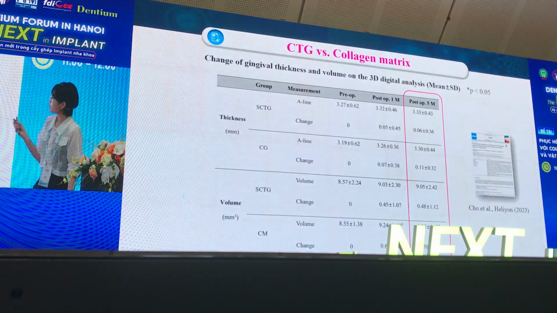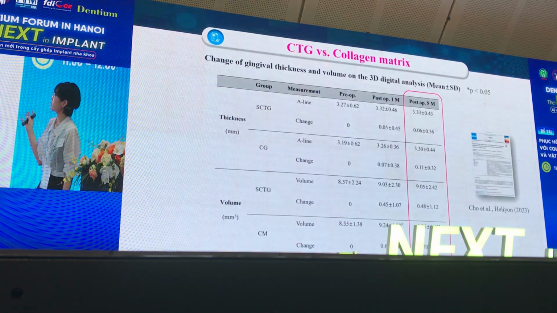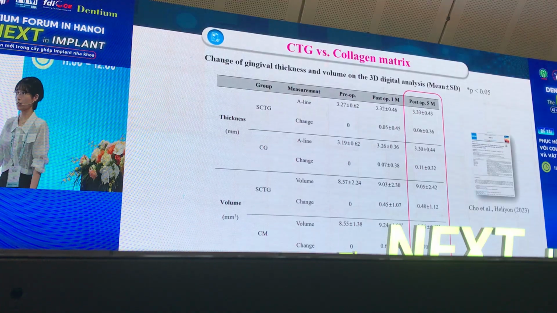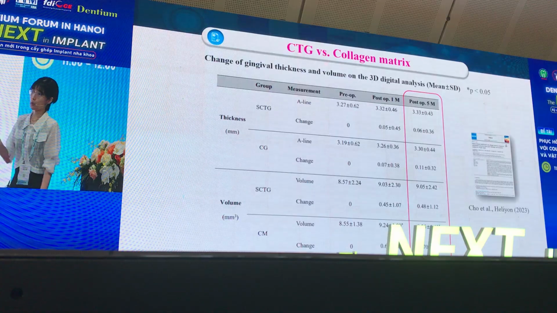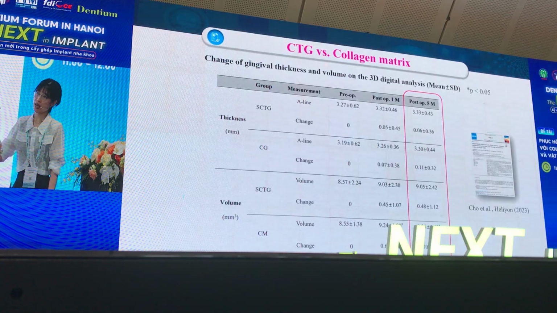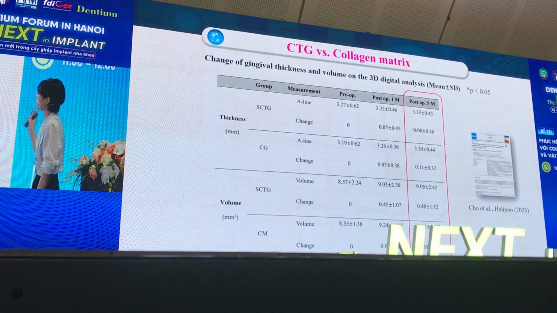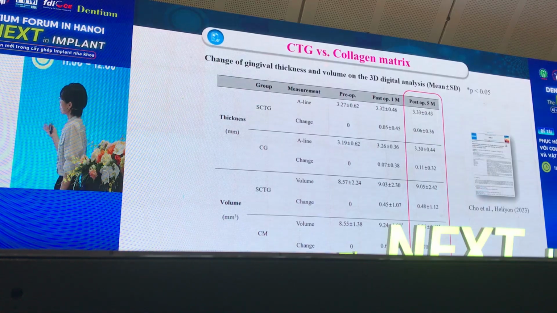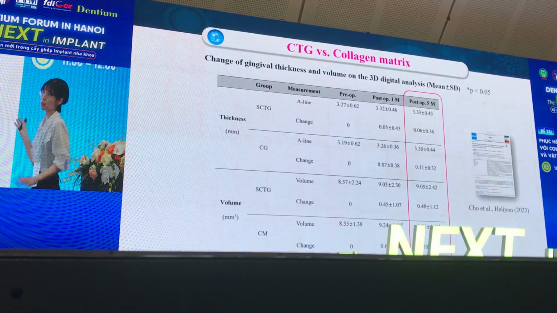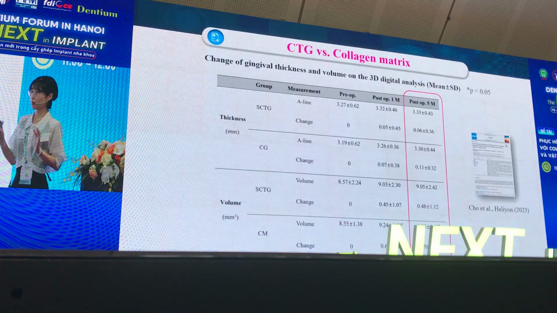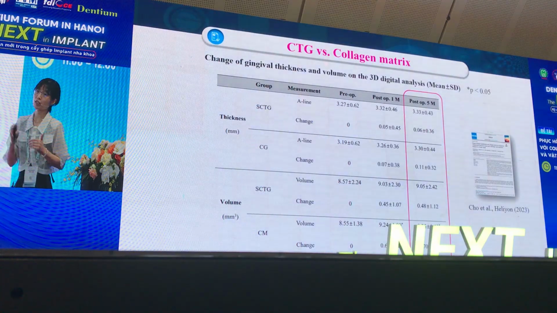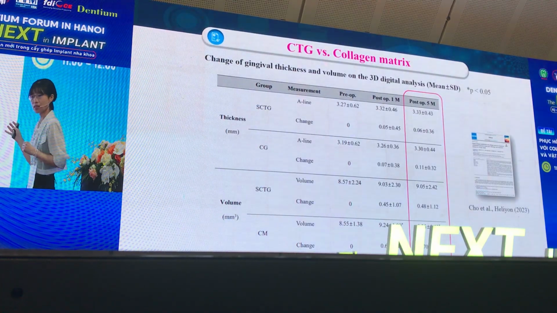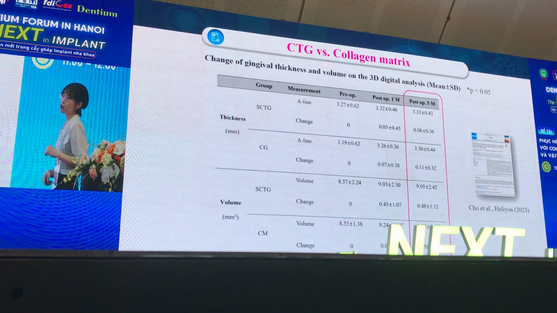This result shows that there are no significant differences in the thickness and volume between the CTG and the collagen graft tube, and it means the collagen graft tube has a similar clinical impact to the CTG.